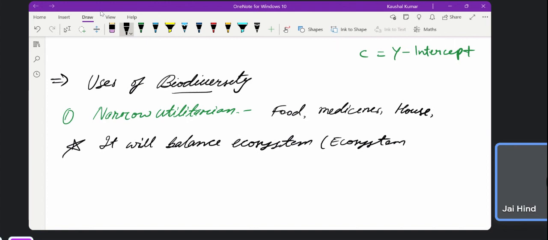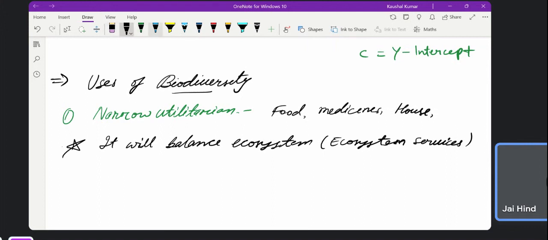It will give ecosystem services, whatever the food, air, water, like these things. Ecosystem services means water, soil, air, light, etc. So this is a different point from the narrow utilitarian.